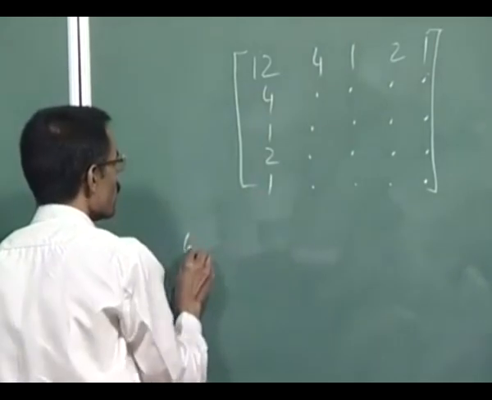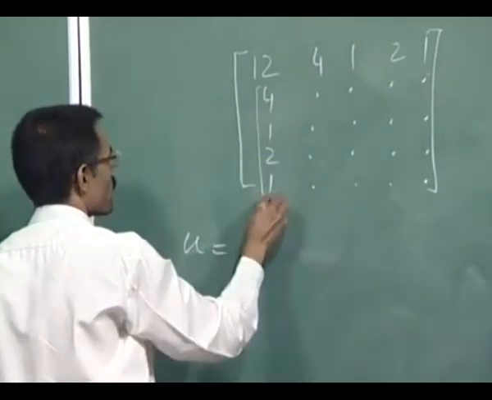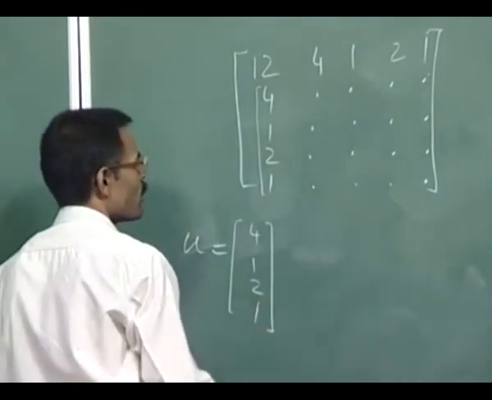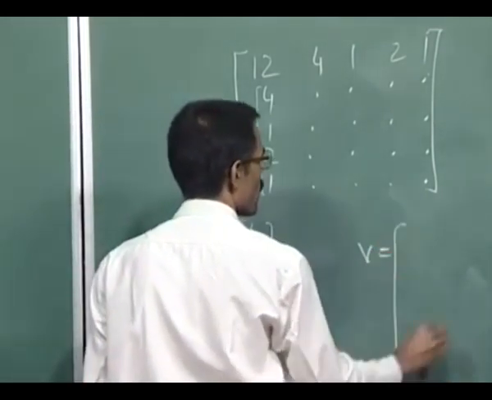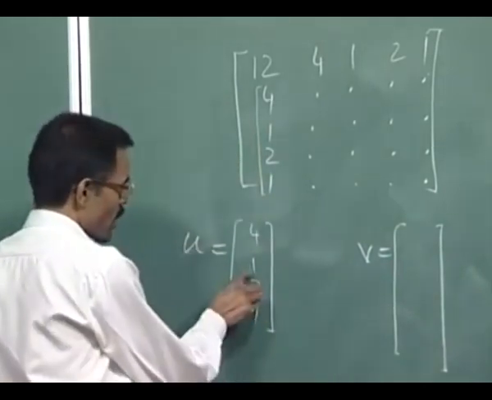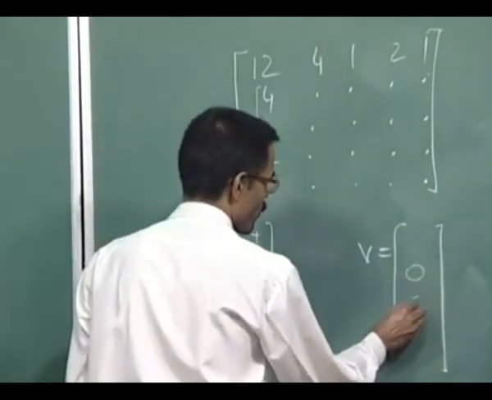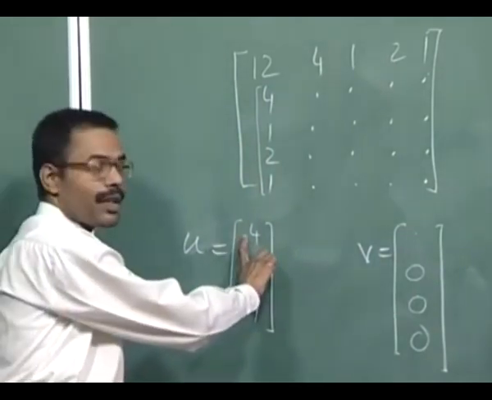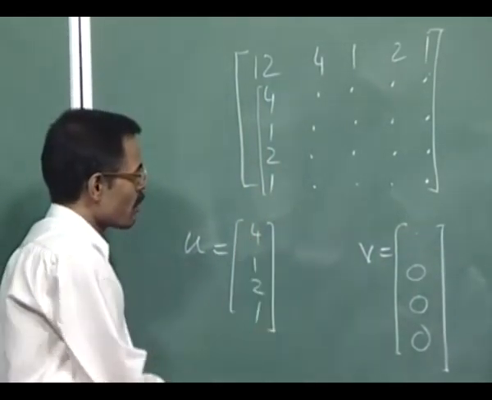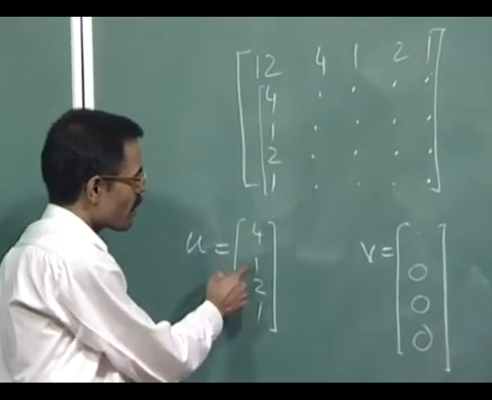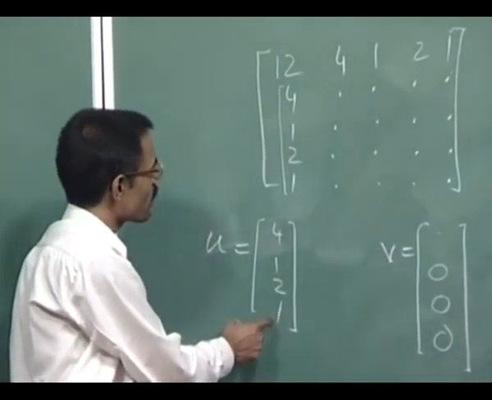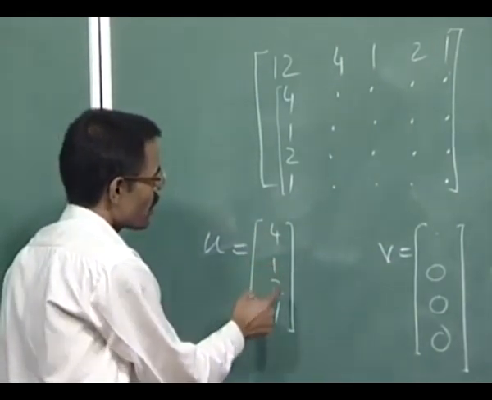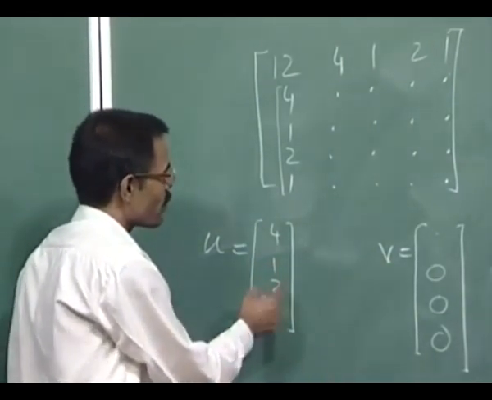So, we take U as this vector 4 1 2 1 and we want V in which the last 3 entries are 0. And what is the first entry? First entry is the size of this vector U. So, what is that size? This square plus this square plus this square plus this square. So, we will have 16, 17, 18 and 4, 22. So, root 22.